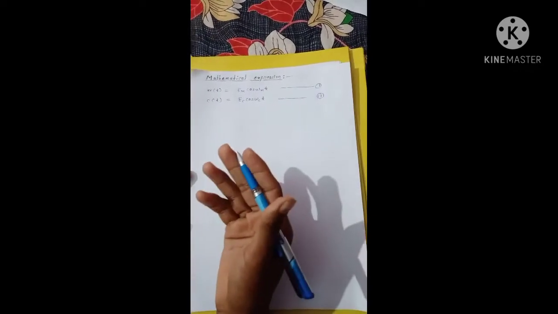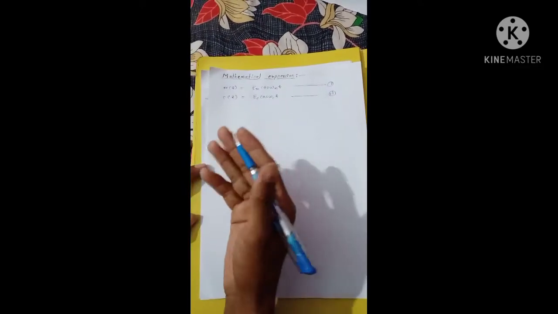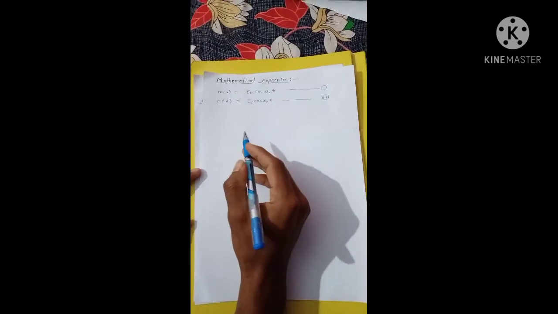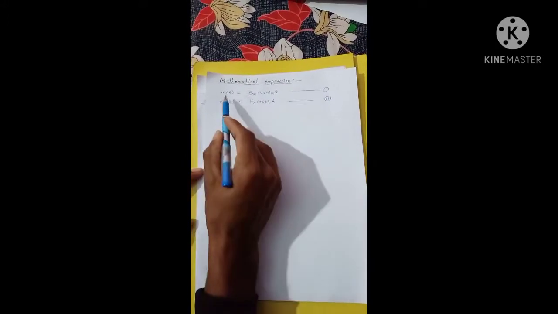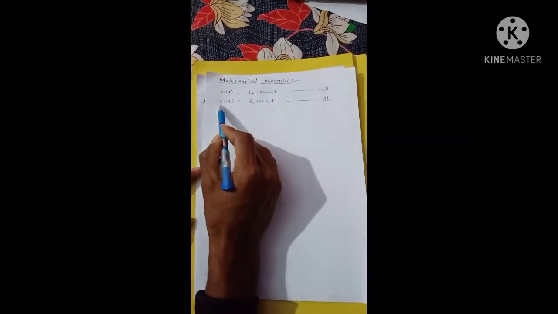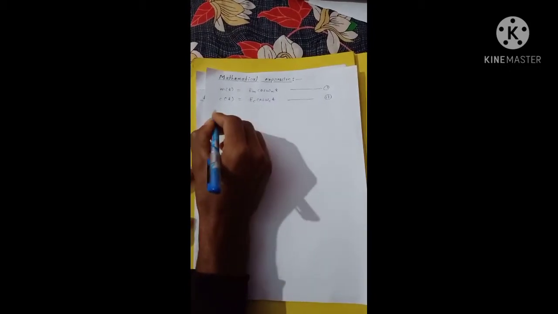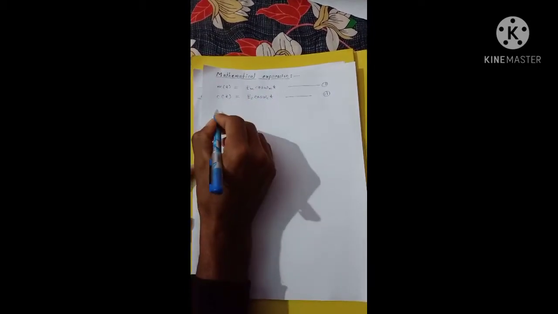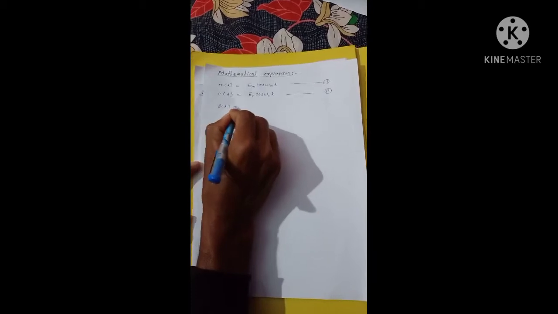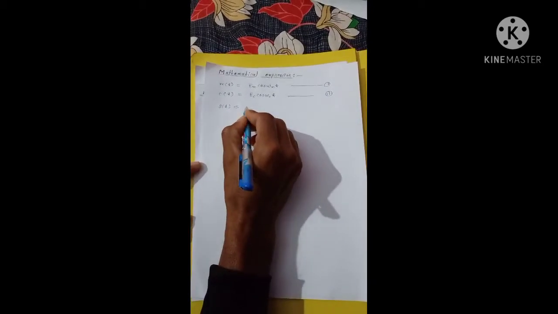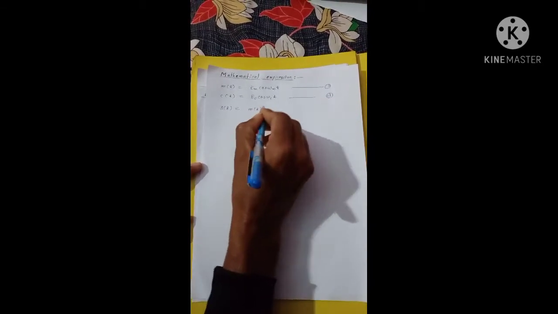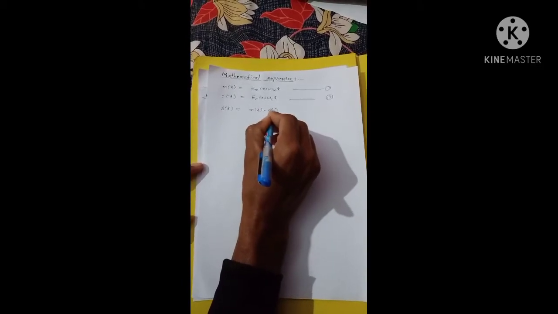Mathematically, we can represent the equation of the DSBSC wave as the product of the modulating signal and the carrier signal. So the DSBSC modulated wave s(t) is equal to m(t) into c(t).